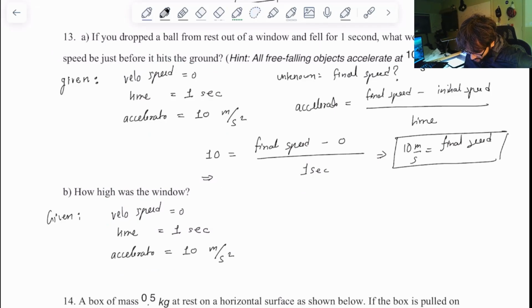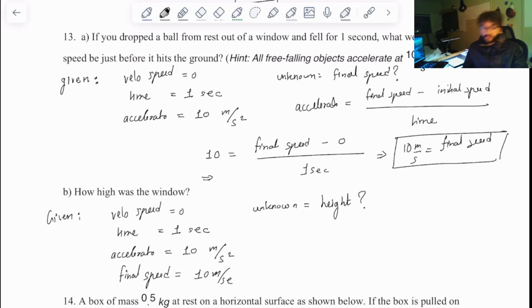And we also know final speed, that is 10 meters per second. And unknown is the height. So we're looking at the height it fell through.